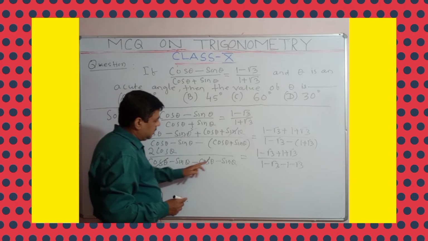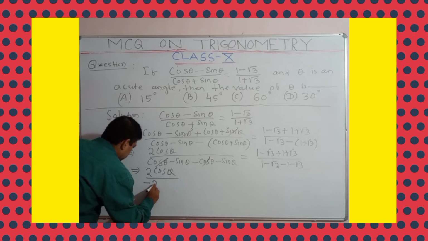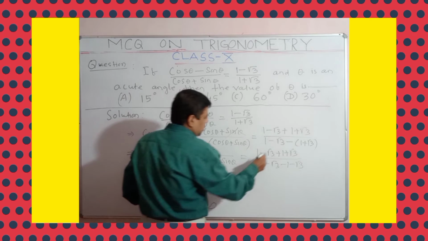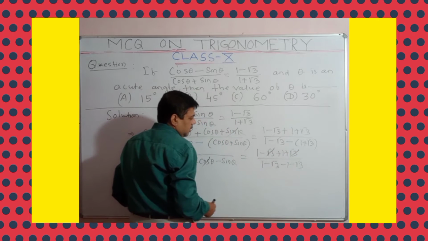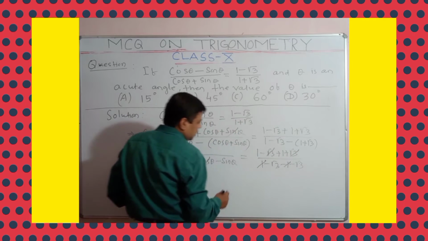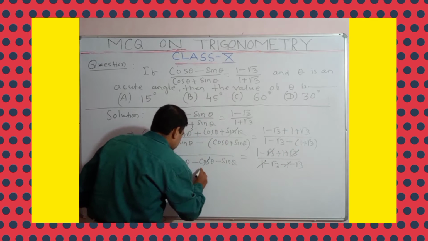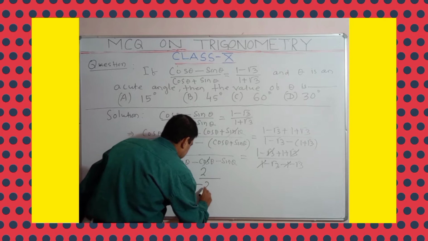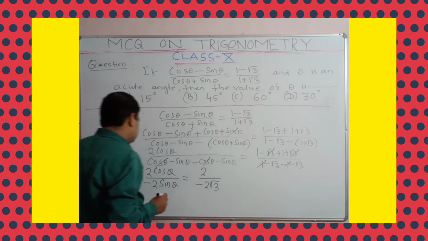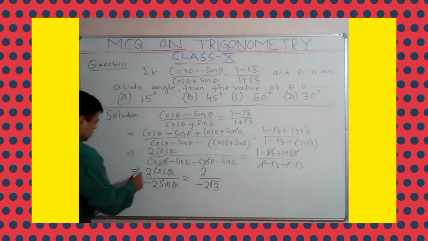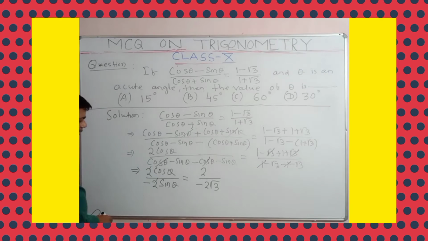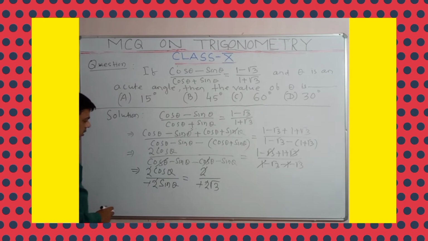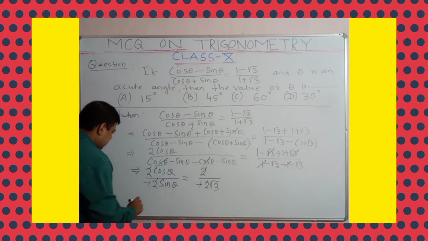Here sin theta plus sin theta will be 2 sin theta. Similarly, plus root 3 minus root 3 will be cancelled, and plus 1 minus 1 will cancel. Here 1 plus 1, 2, divided by root 3 plus root 3, it will be 2 root 3. So here 2 will be cancelled on both sides, and it will be cos theta by sin theta.